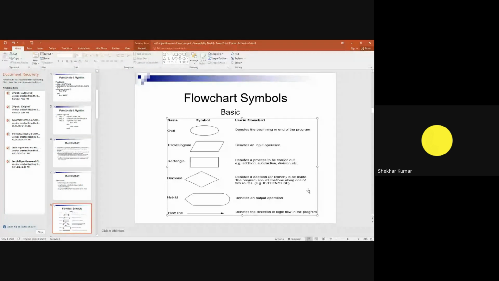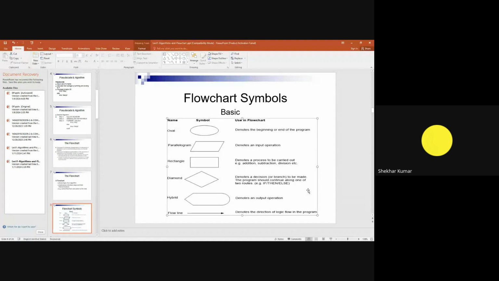Okay. Then next is the hybrid symbol. This symbol denotes output operations. And for interconnection between these symbols, I use a flow line that will interconnect these symbols.